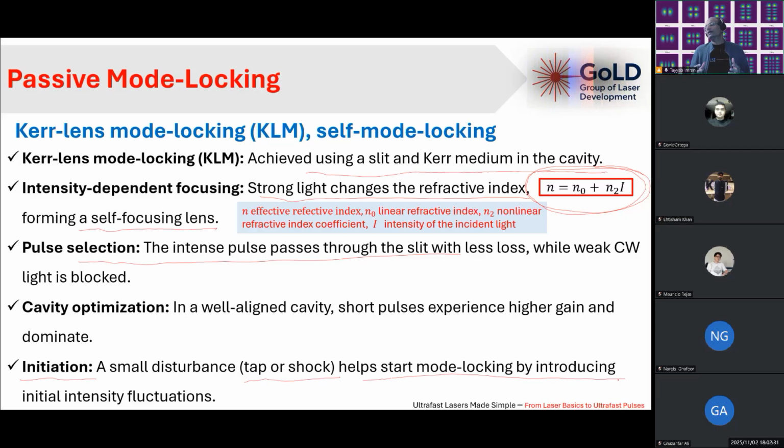This is kind of a strange thing to understand, but it exactly happens. When you give a little jerk, shaking the optical table or the optical components, the mirror mounts or something like this, then this Kerr-lens mode locking starts. We need intensity fluctuations in the beginning, and that intensity fluctuation causes the Kerr-lens mode locking.